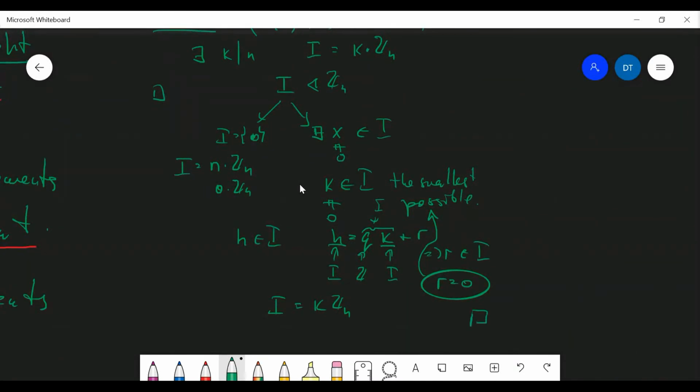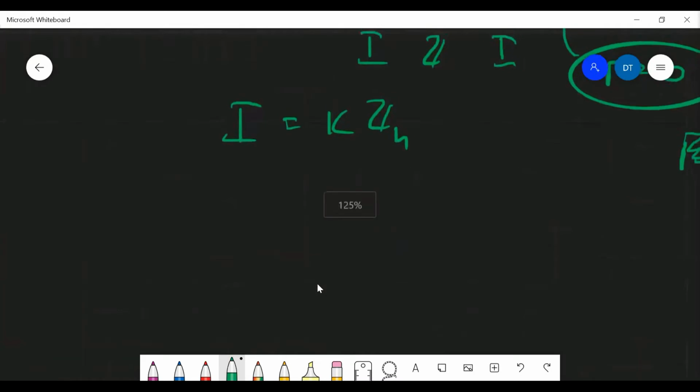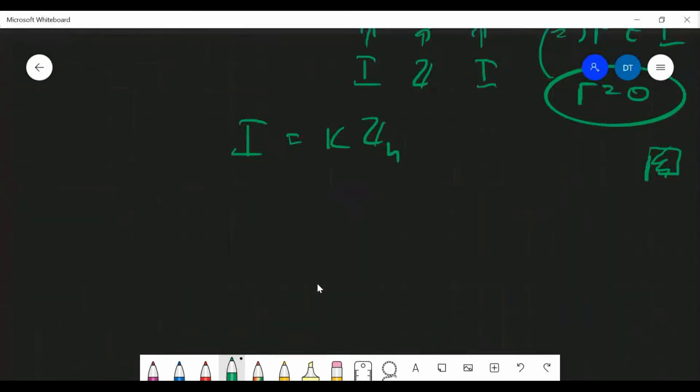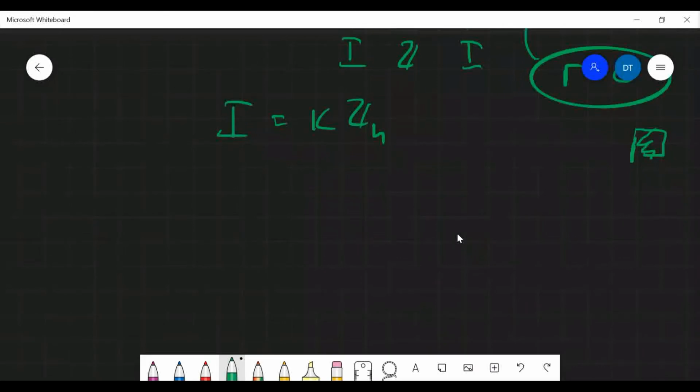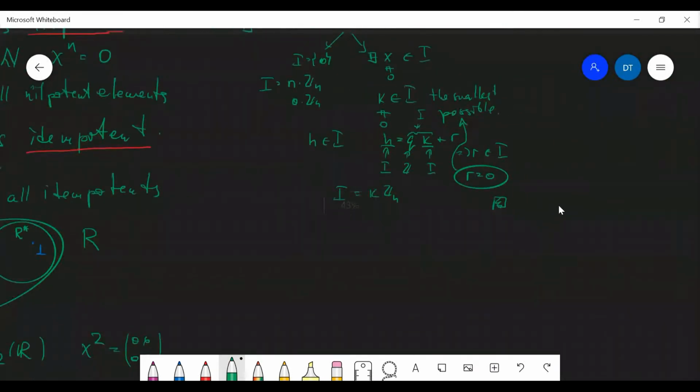And it's clear that for every k with this property, this is an ideal. I'll give a remark on this a bit later.